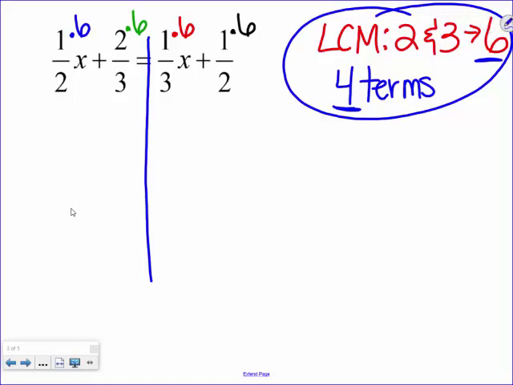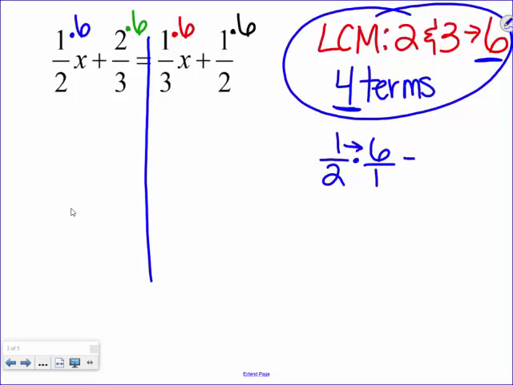My first term that I'm multiplying by 6 was what? 1/2. So I'm doing 1/2 times 6. Now what do I do with that 6 to make it easy to multiply? Put it over 1. So 6 over 1. When you multiply fractions, do you multiply diagonally or straight across? Straight across. Very good.